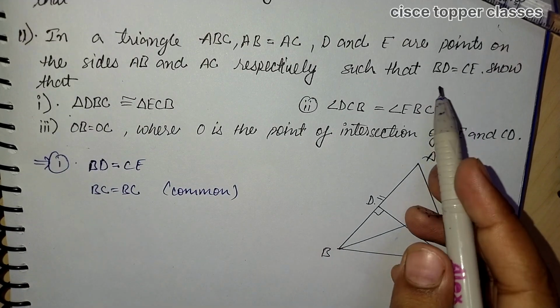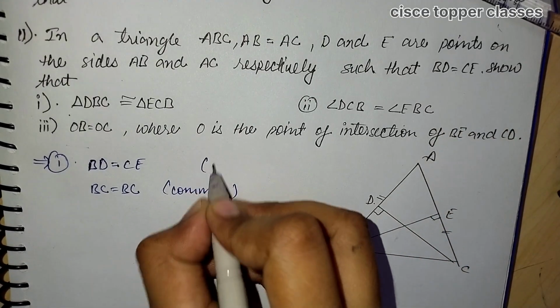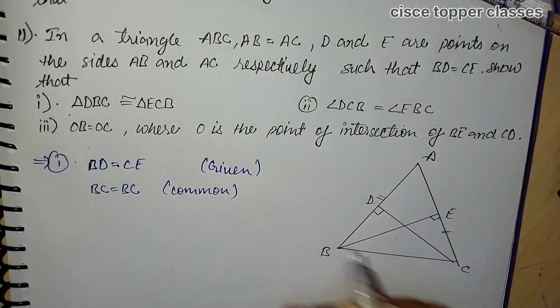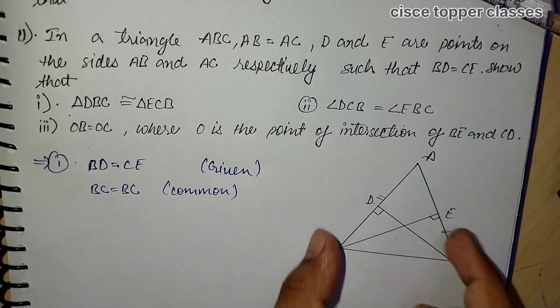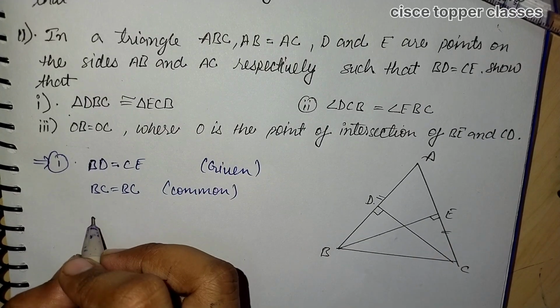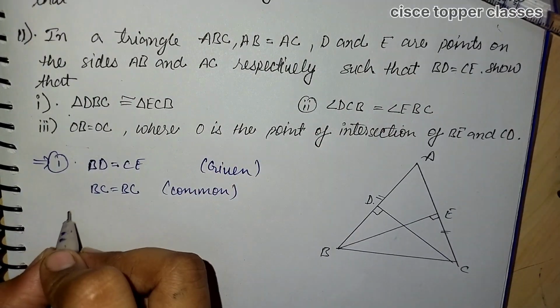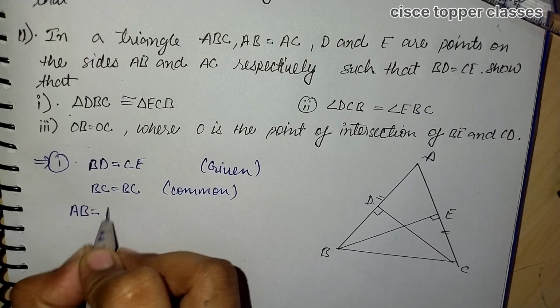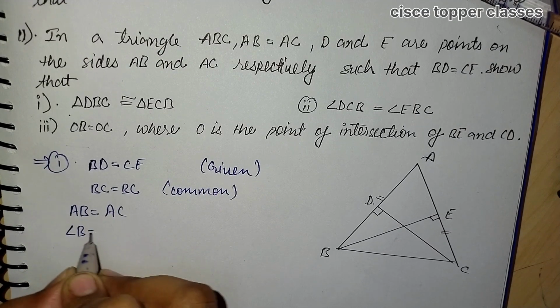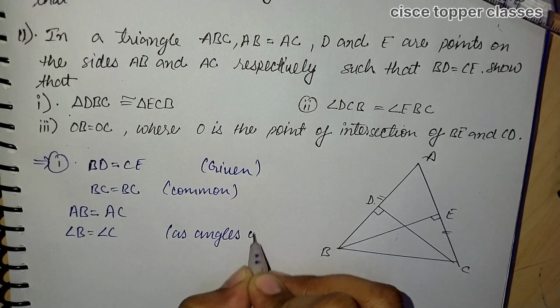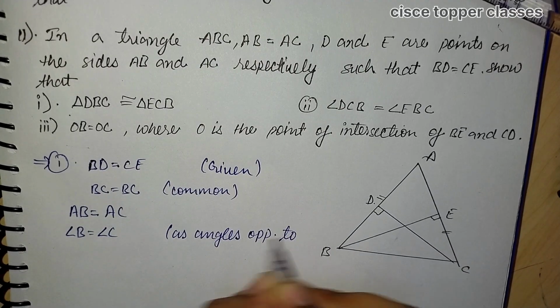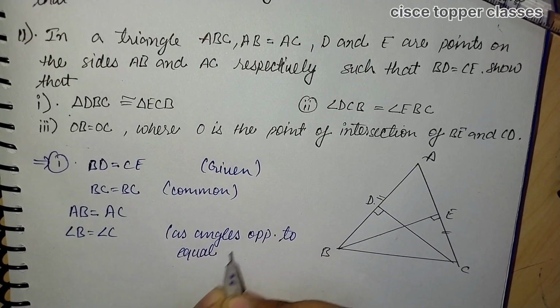Simply, the given information is BD is equal to CE, meaning this is given to us. BD is equal to CE and BC is common in these two triangles. Simply the third part is AB is equal to AC. From here we can conclude that angle B is equal to angle C, as angles opposite to equal sides are equal.